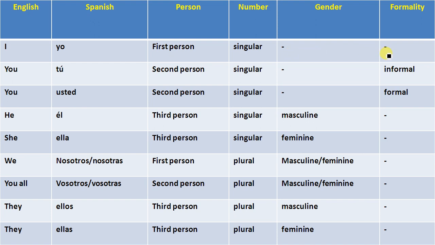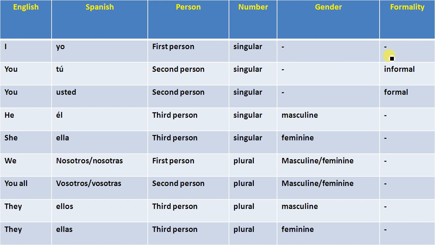What is the meaning of formality? Formality means it can be informal or formal. Informal means when you meet your friend, you talk as usual, with normal behavior. But when you meet your boss or some senior person, you give some respect, and that is called formal.